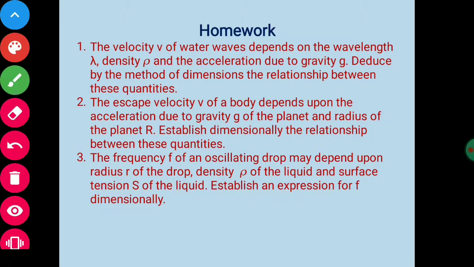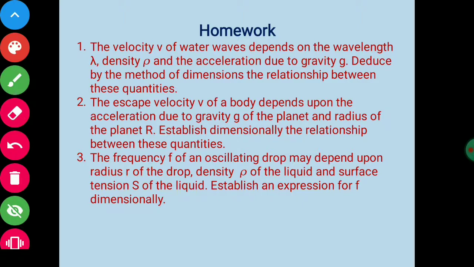See, velocity of water waves depends. Which physical quantities does velocity depend on? Wavelength, density and acceleration due to gravity. So derive the dimensional relation among these physical quantities by the method of dimensions.